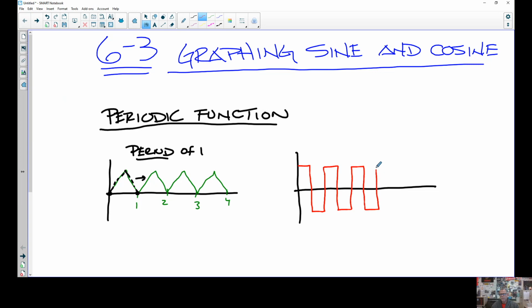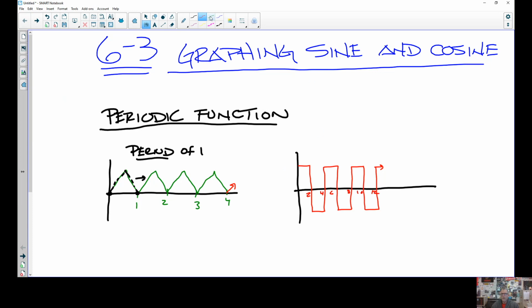So we have this graph, and it continues on forever. That's one thing I should have probably mentioned. We want to say, is this a periodic graph? Let's say these are the values 2, 4, 6, 8, 10, 12.